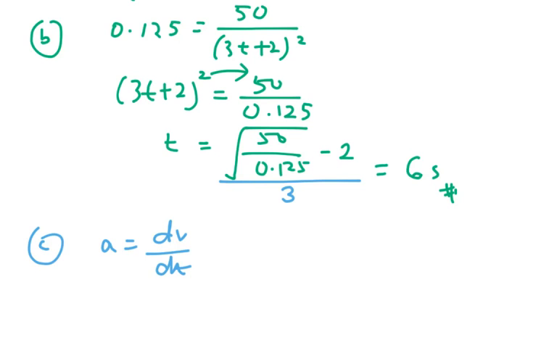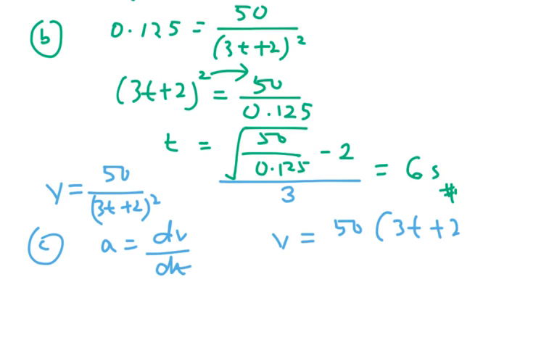Your velocity equation is v = 50 over (3t + 2) to the power of 2. To differentiate this equation, you can write it as v = 50 times (3t + 2) to the power of negative 2. This will help you differentiate the equation much more easily.